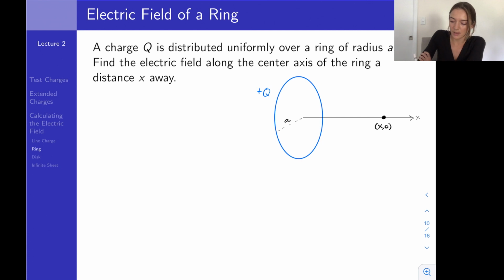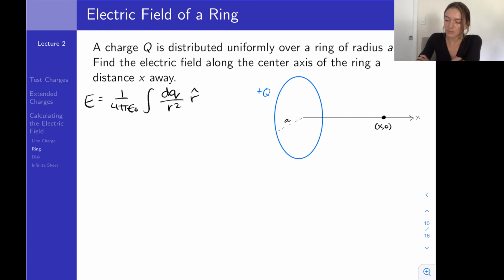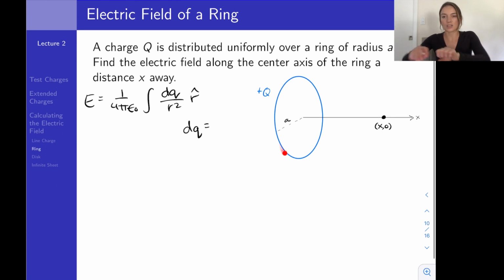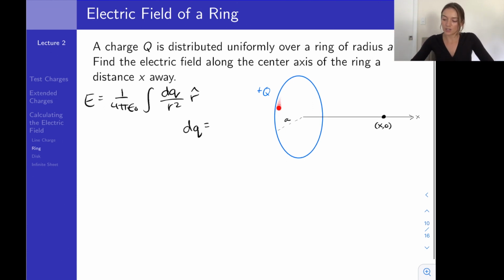So let's write down our electric field equation. We've got dq over r squared, r hat. All right, so first thing, let's start with dq. So here, it's sort of still a line charge even though it's in a ring, right? We can simply unwrap this and it will still be a one-dimensional line charge. So we're still looking at a line charge even though it is shaped in a circle.